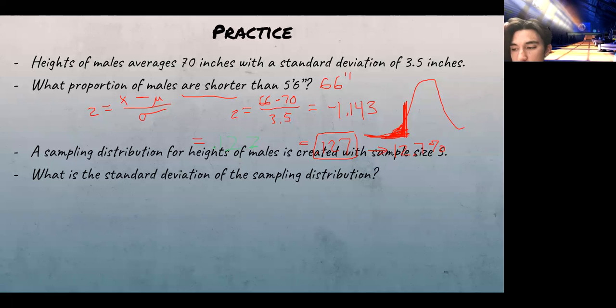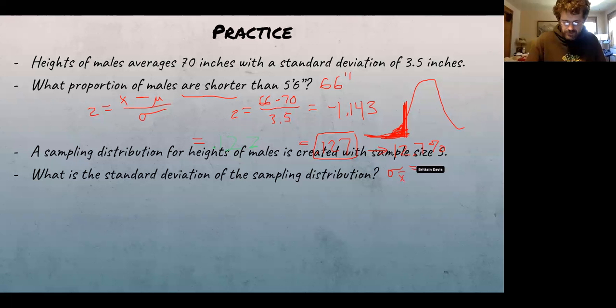The standard deviation divided by square root of the sample size. There it is. So the population standard deviation divided by square root of n. So you guys can plug that in and come up with the answer here.